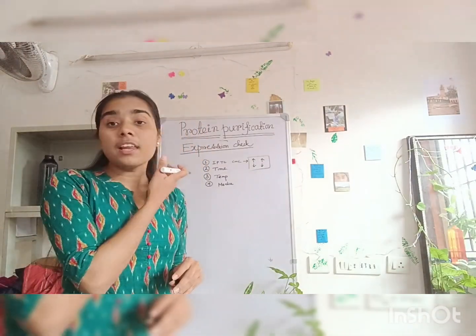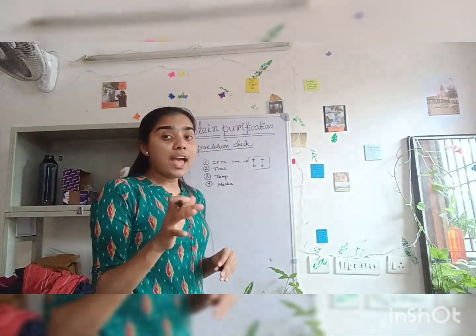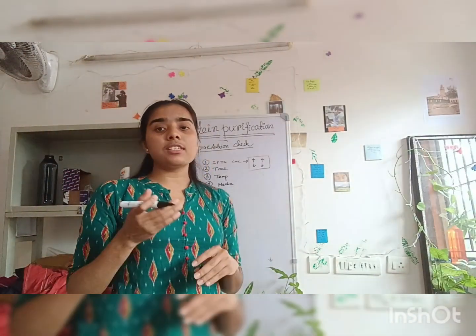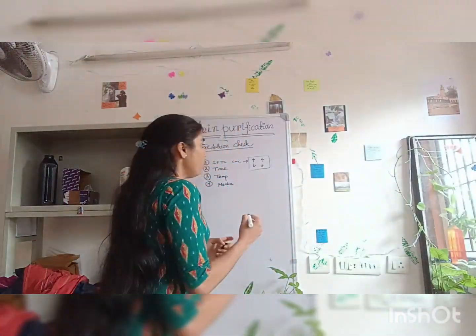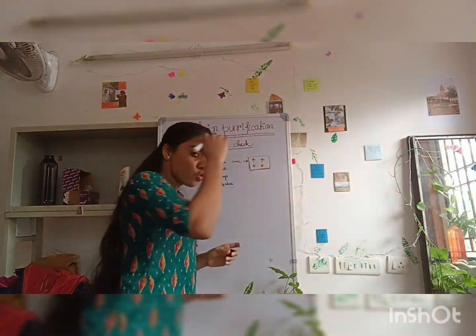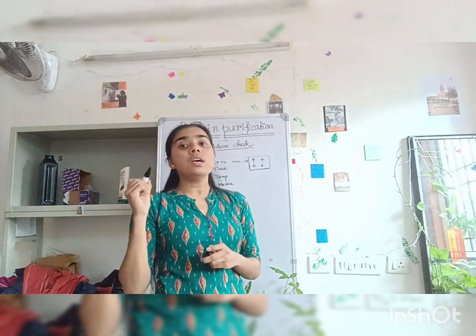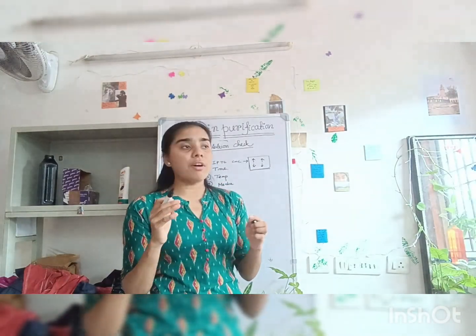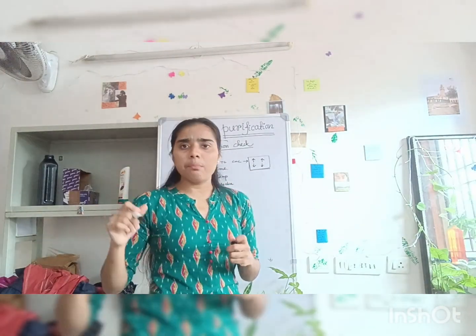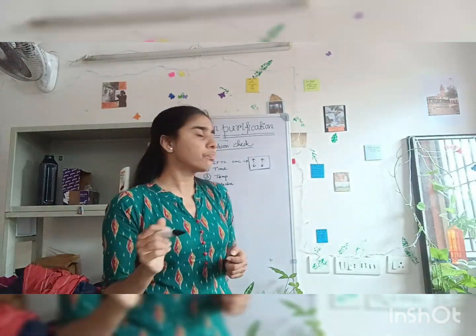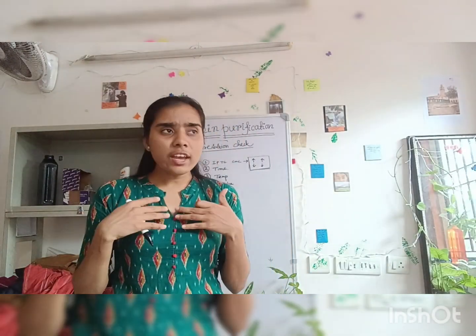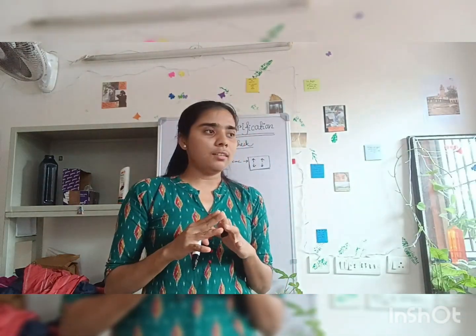In our laboratory experiments, we have seen that if you increase the IPTG concentration too much, it can lead to protein degradation. If you put in too much IPTG, you are giving your bacterial cell a kind of stress. You are saying make more and more protein, but it is not true. The cell also has a limitation, just as we also have a limitation on how much we can study.